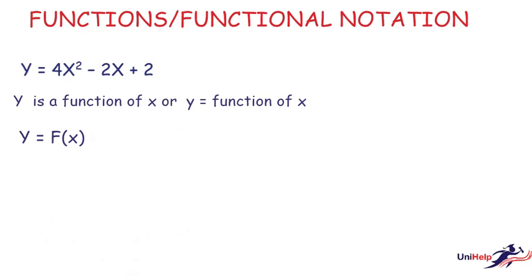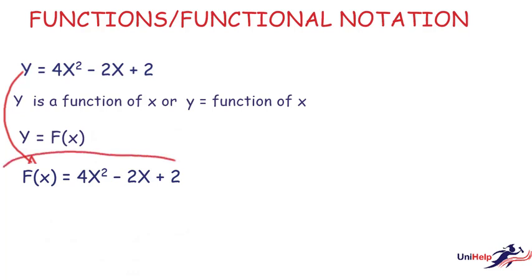And if that is true, if y is equal to f of x, this could then be written as f of x is equal to 4x squared minus 2x plus 2. And that is referred to as the functional notation.